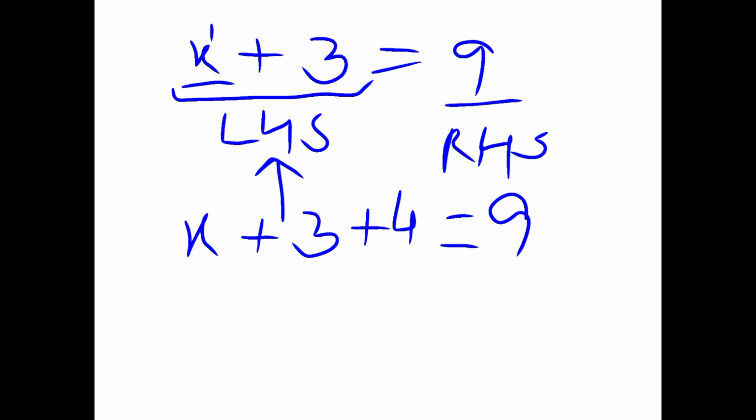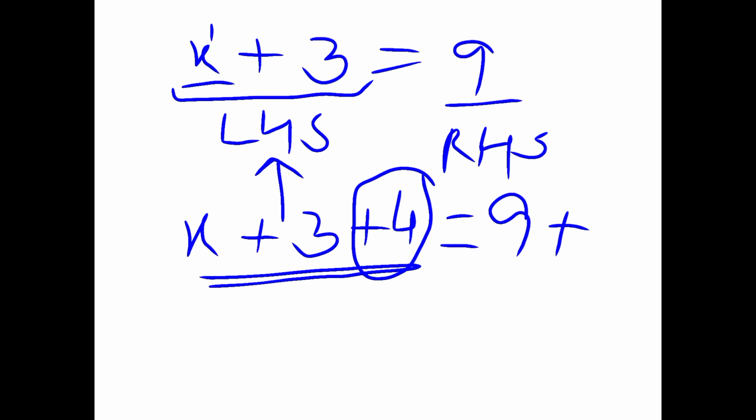By adding 4 on the LHS only, the equation becomes imbalanced. So in order to balance it, in order to keep it justified, whatever we have added on the LHS, we have to add on the RHS with that number. So that means we have to add 4 on the other side of the equation.